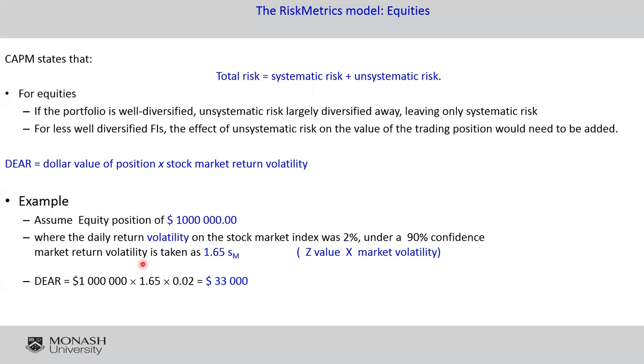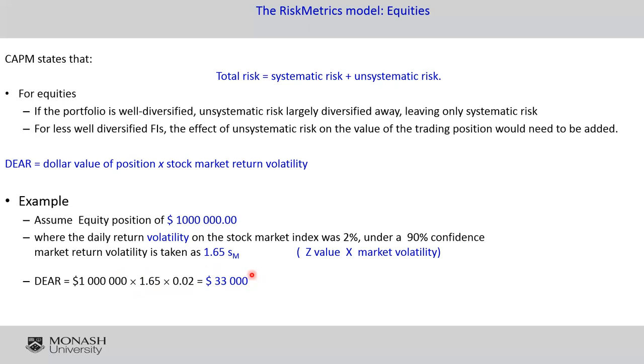So the market return volatility is taken as 1.65 for this standard deviation. So the Z value times the market volatility times the position of 1 million.